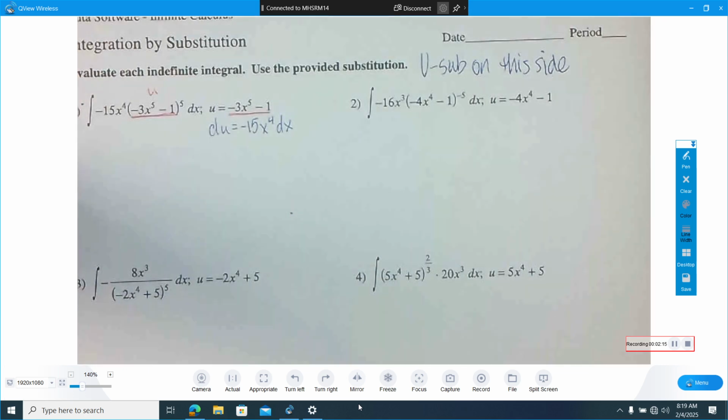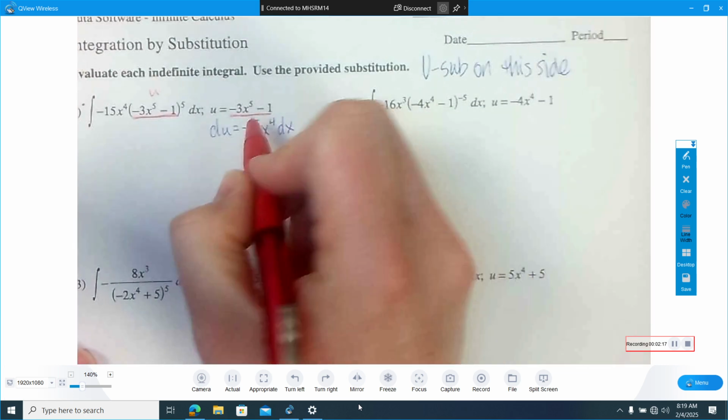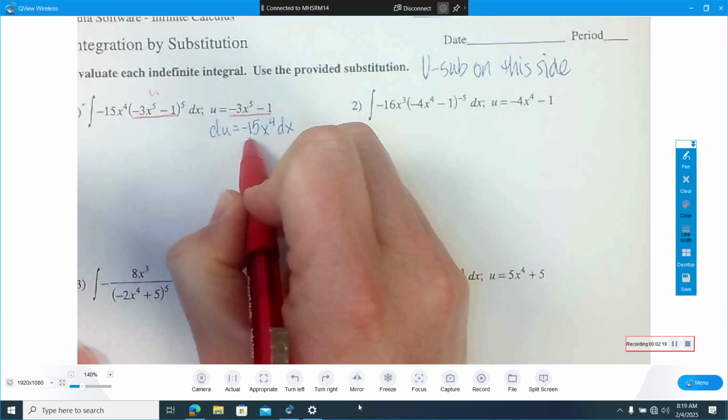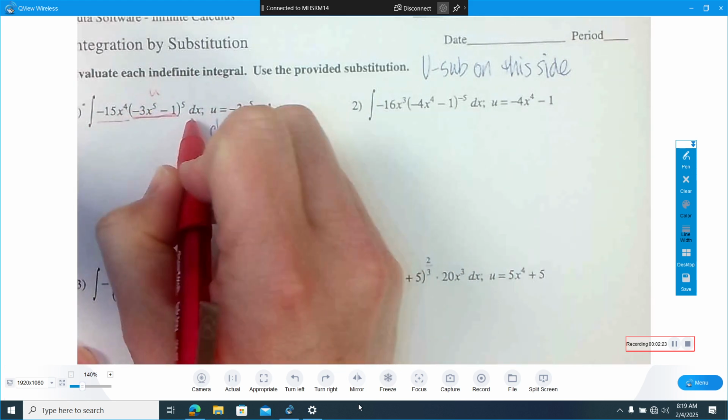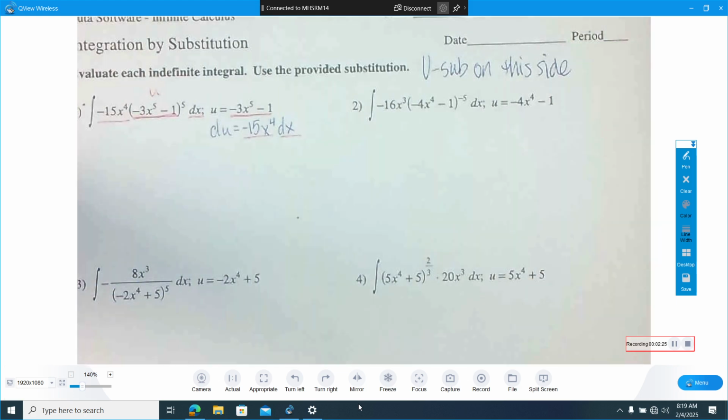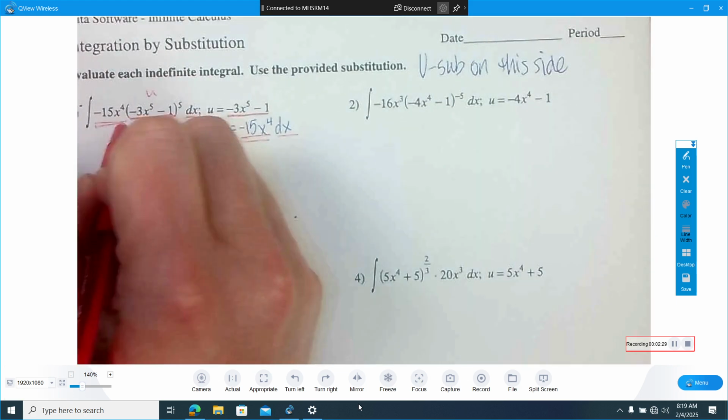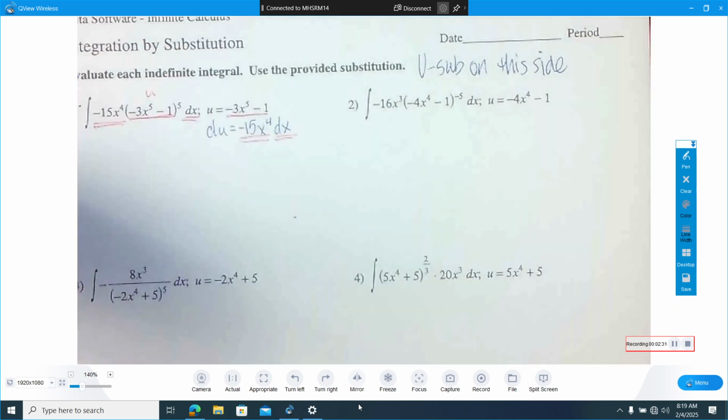Okay, so look what happens here. On one like this, we have our u. Here's negative 15x to the 4th, and there's the dx. Do you see it? It all cleans up like super nice, and we don't have to do any solving because everything's taken care of.